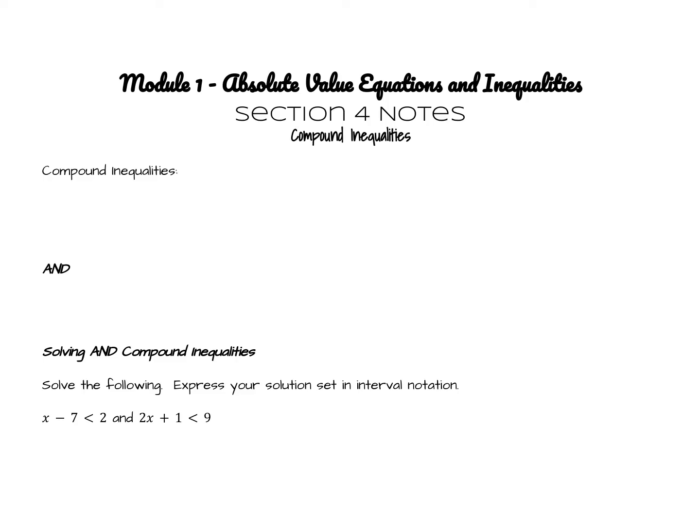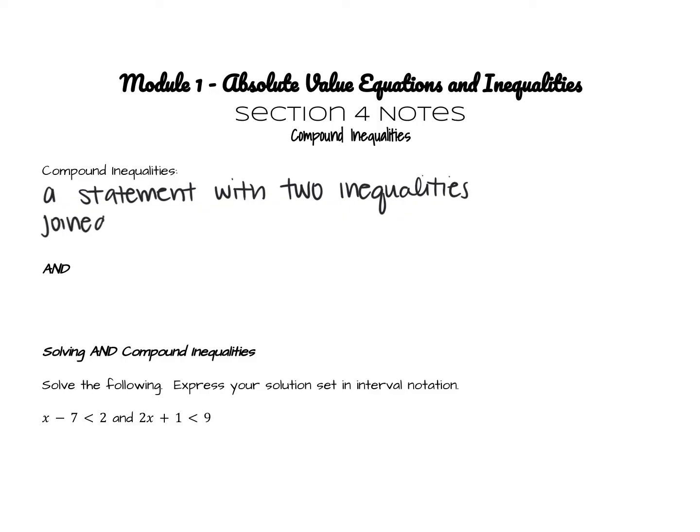In section 4, we are going to talk about compound inequalities. So when we say compound inequalities, what we mean is a statement with two inequalities joined by an and or an or.